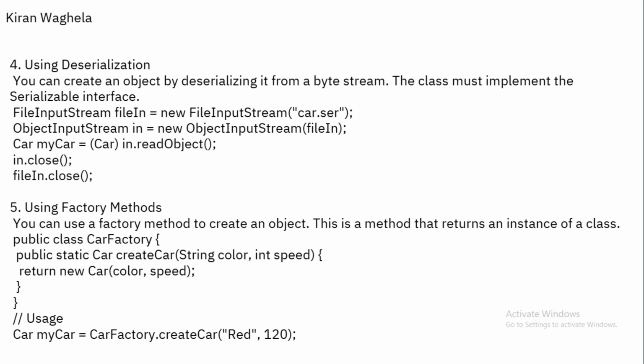Car myCar equals a typecast to Car of in.readObject(), then in.close() and fileIn.close(). This is the example of how you can create an object using deserialization.